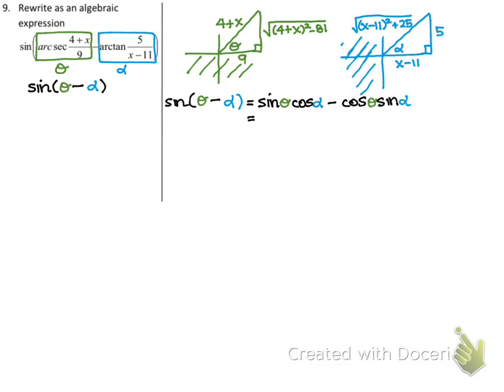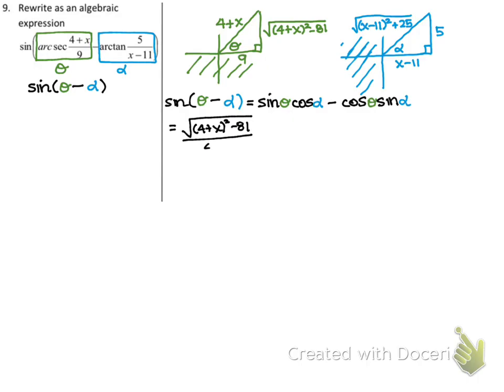Okay, so if I'm going with green first, then sine is going to give me, let's move over. Actually, I probably need more space. Let's go 4 plus x squared minus 81. Squared's in the wrong place.